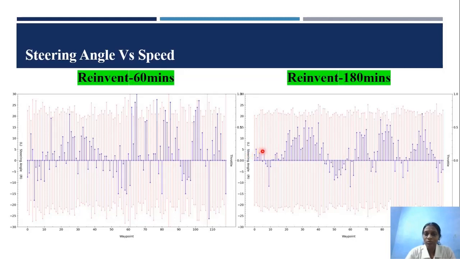See, there is a smooth graph which tells how the speed has been controlled for various steering angles. While comparing both graphs, this one has more smoothness than this model. So obviously, a well-trained model will show smooth learning behavior, and the driving will also be in a refined manner.